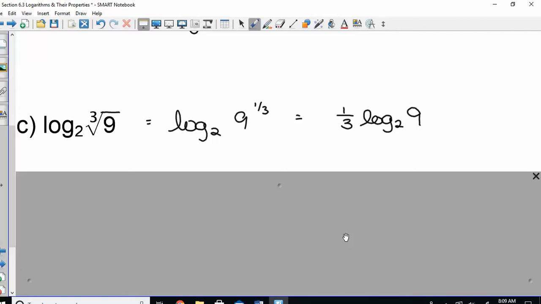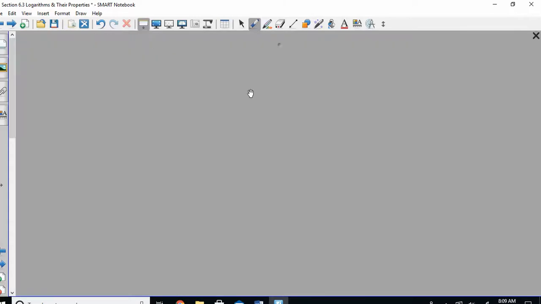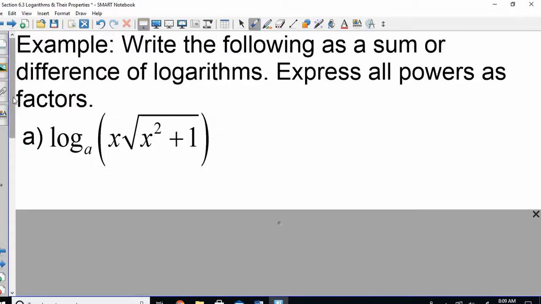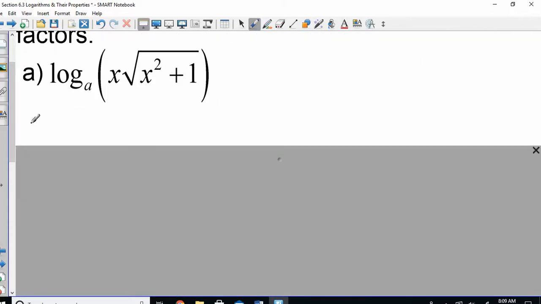I want to keep working with these properties, but now I'm going to use some variables in here as well. So same thing, we want to just use the properties to rewrite this. So log base a of x times the square root of x squared plus 1.